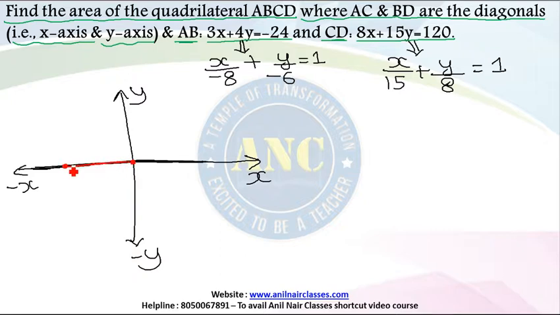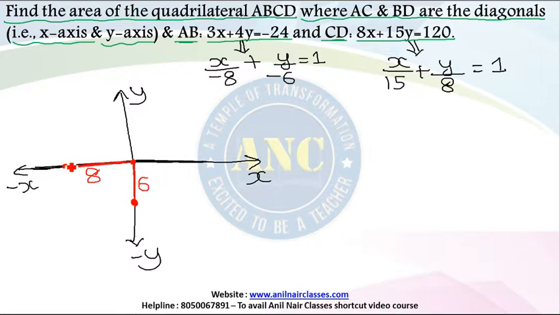Y by minus 6 means from the origin travel a distance of 6 units toward the negative y-axis. So this value is nothing but 6. I believe that you are very clear with this.